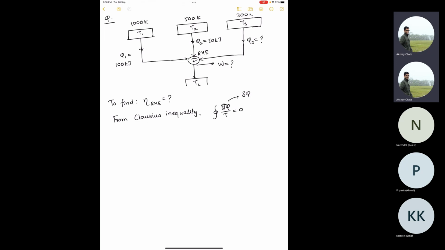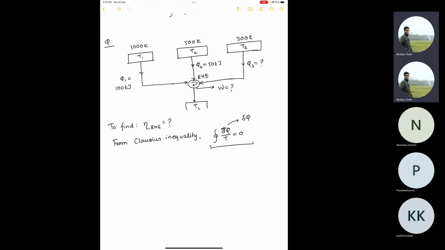Okay. So now, how do you use it? You apply this inequality to the heat engine. And as per our convention, if we take this heat engine as our system, whatever heat is coming to the... Oh, okay. I am sorry, I made a mistake. This T3 itself is a sink.